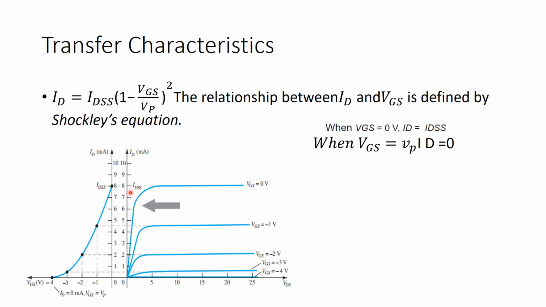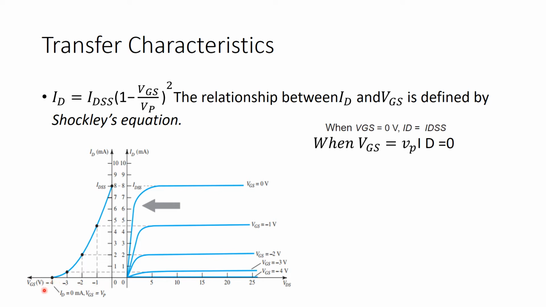So all these plots we have seen are very closely related when you are plotting the transfer characteristic. In this case, when VGS is 0, maximum drain current flows, and at that time the mode of operation of the junction field effect transistor is in active region.